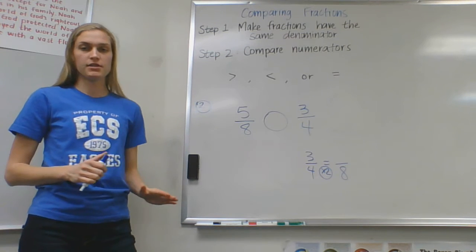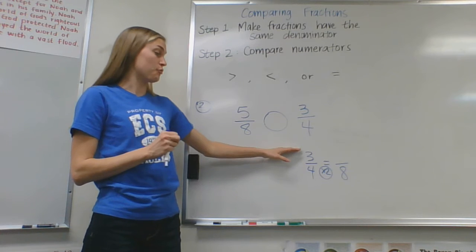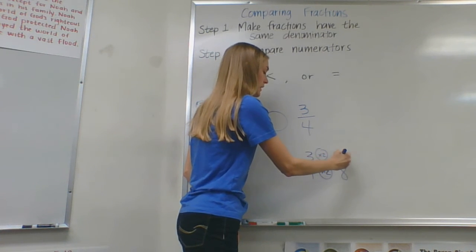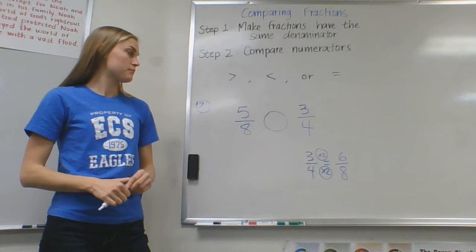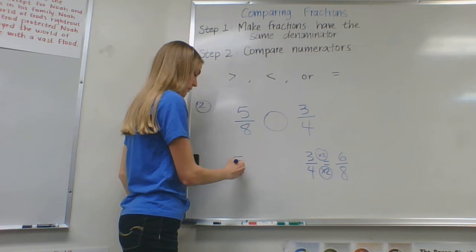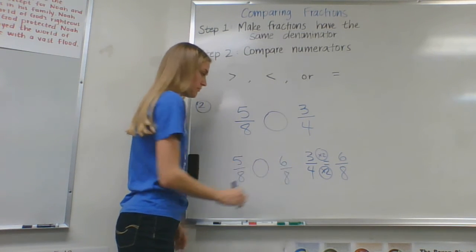If we do that to the denominator, to get an equivalent fraction we have to do that also to the numerator. So we multiply that 3 by 2, and we get 6/8. So we're comparing 5/8 to 6/8, essentially.